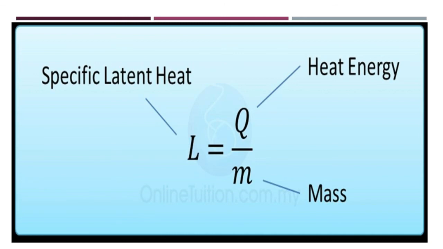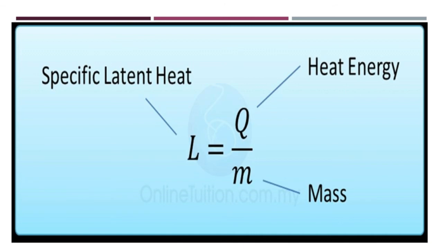Specific latent heat. Latent heat, when expressed per unit mass of a substance, is called specific latent heat. It is denoted by the symbol L. If Q is the amount of heat energy absorbed or liberated by mass m of a substance during its change of phase at a constant temperature, then specific latent heat is given as L = Q / m.